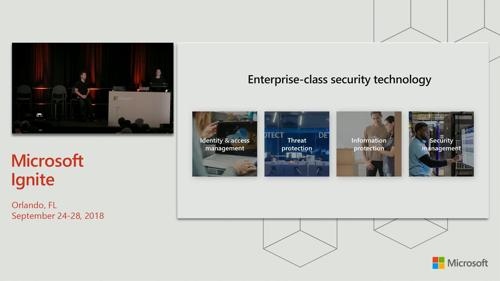All right, so let's get started. If you had a chance to attend one of our general sessions yesterday, specifically the one on security, you would have already seen this slide. At Microsoft, we really take security seriously. And our solutions span four what we call pillars, that being identity and access management, threat protection, information protection, and lastly, security management.